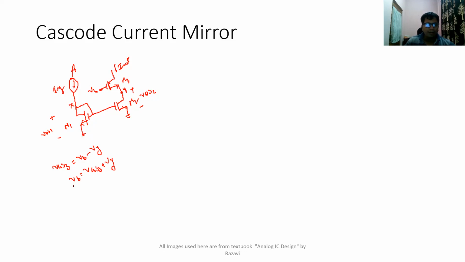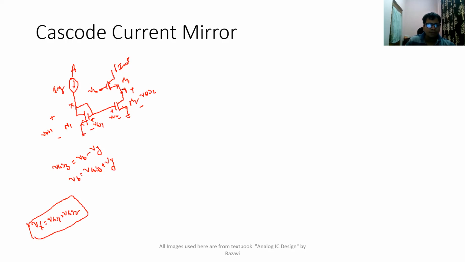And what is VX? This voltage is the gate to source voltage of the first transistor, VGS1, and it is also the gate to source voltage of the second transistor, VGS2. So VX is equal to VGS1 and also equal to VGS2.